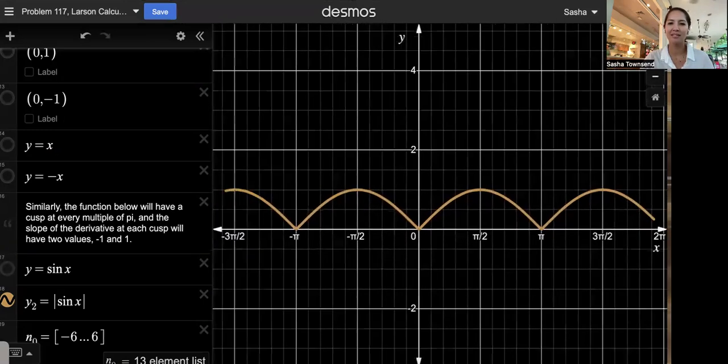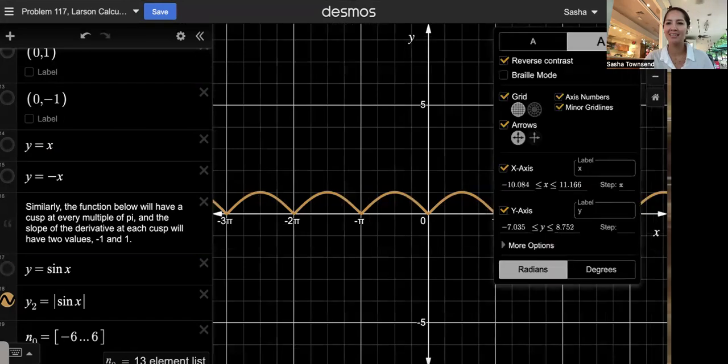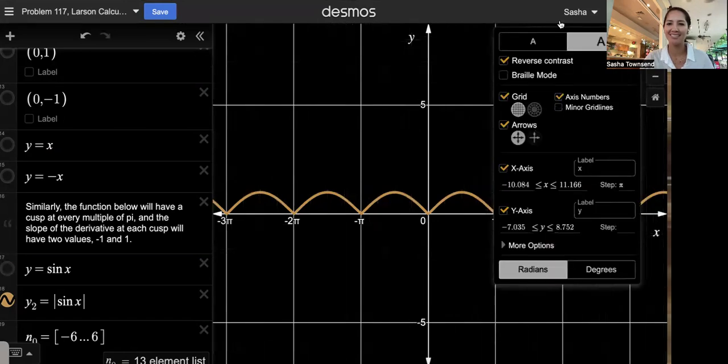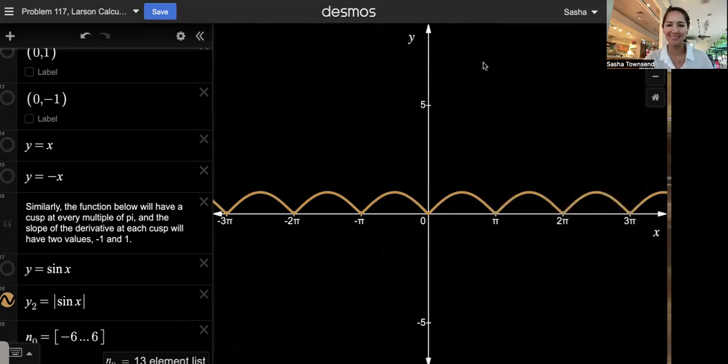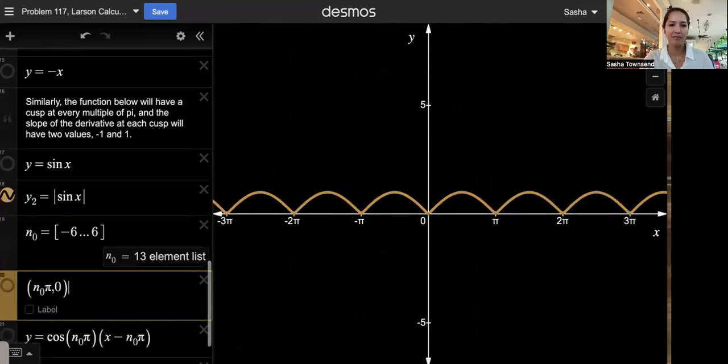And if we want to, we can view the graph of that. I think I want to get rid of some of the grid lines. I chose some integers between -6 and 6. That's a 13 element list. And I wanted to plot all of those points.